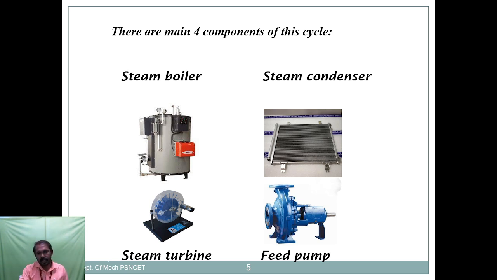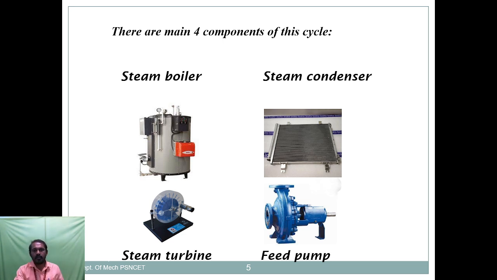So many turbines are there in the market and in applications: steam turbine, gas turbine, and water turbines like Pelton, Francis, Kaplan turbine. So many types of turbines are there.